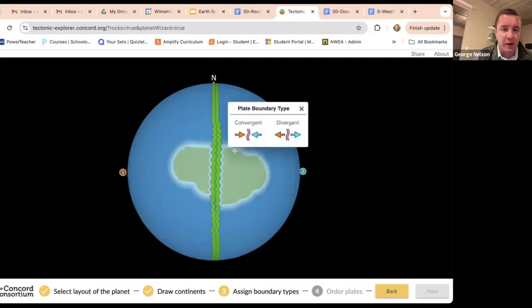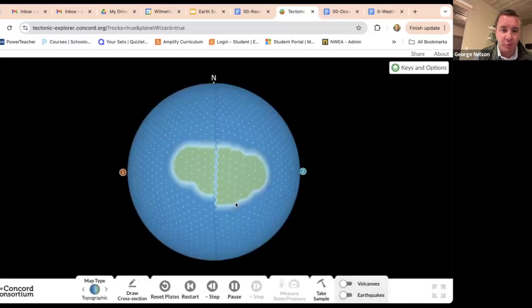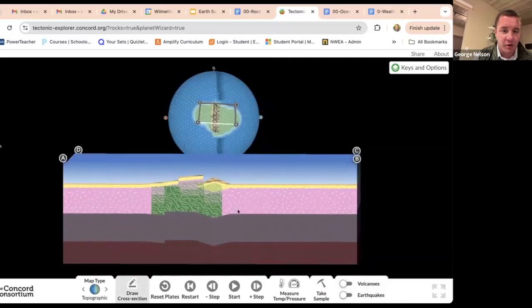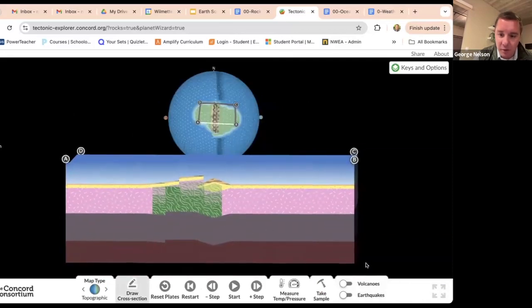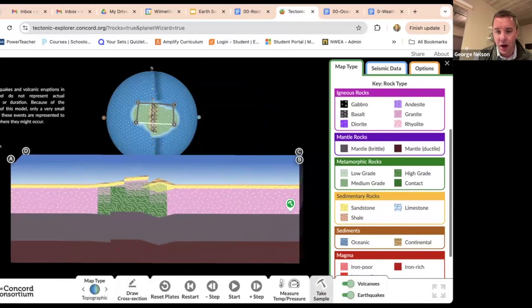Throughout here you can make different types of rocks, and there's a little bit of analysis with that. Then when you draw the cross section, this is cool with the key, which I'm not sure where it's at, but it'll show you the types of rocks being made and introduce igneous, metamorphic, and sedimentary.